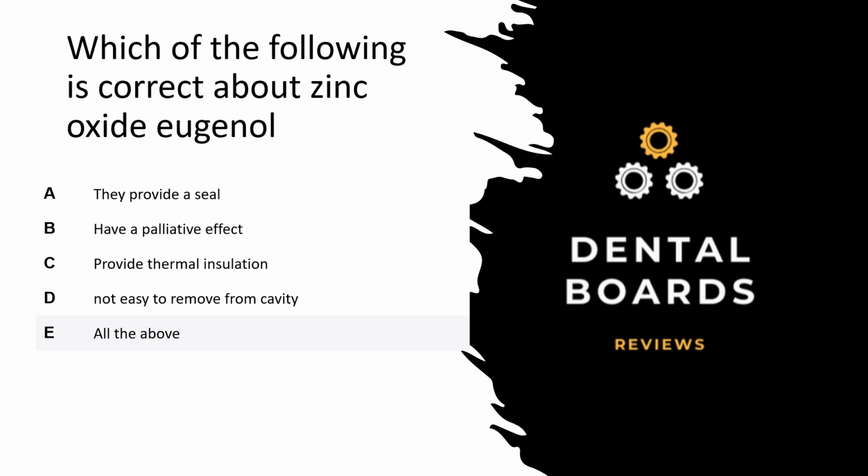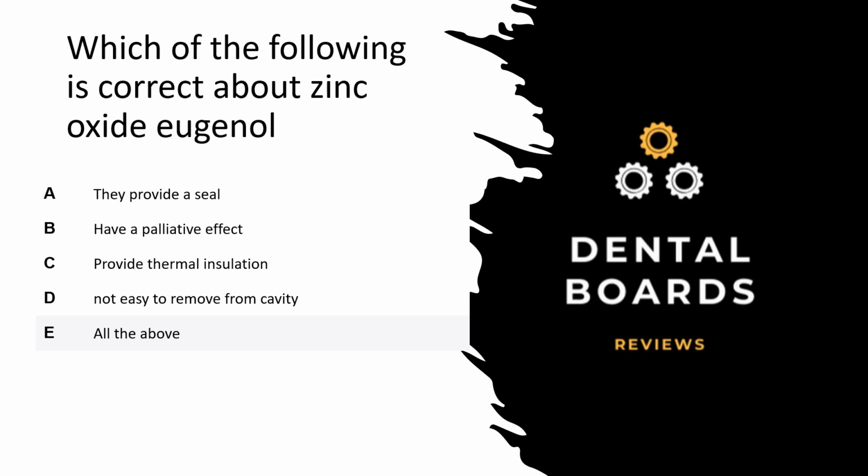Which of the following is correct about zinc oxide eugenol? Why do we use it? Zinc oxide eugenol provides a seal, has a palliative effect, meaning a healing or soothing effect, provides thermal insulation, is not easy to remove from the cavity, or the above.